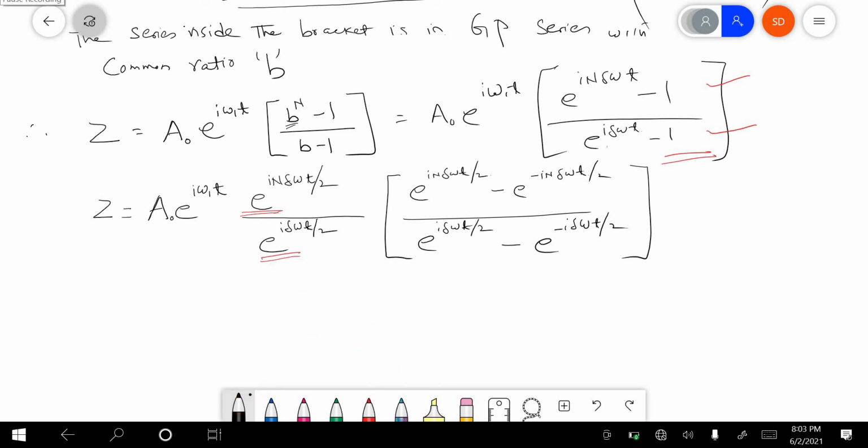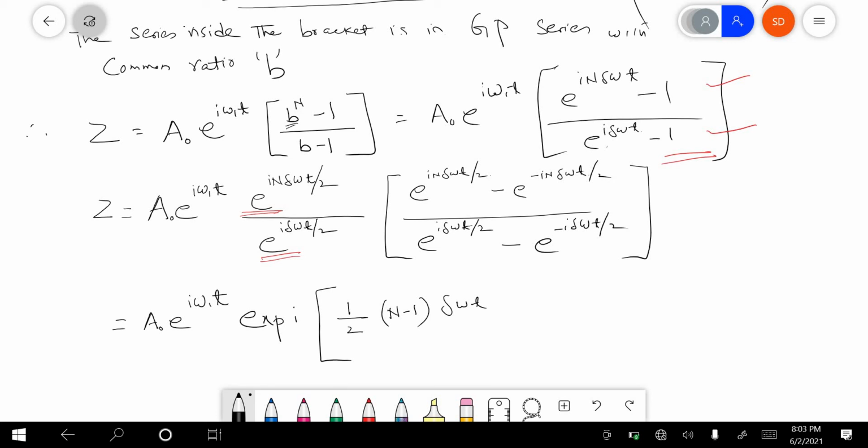Now what you can write here is a naught e to the power i omega 1 t, writing the exponential term as exponential i half n minus 1 del omega t.